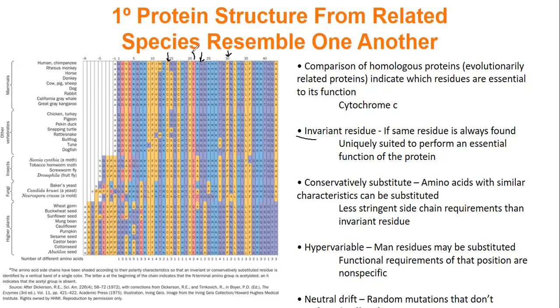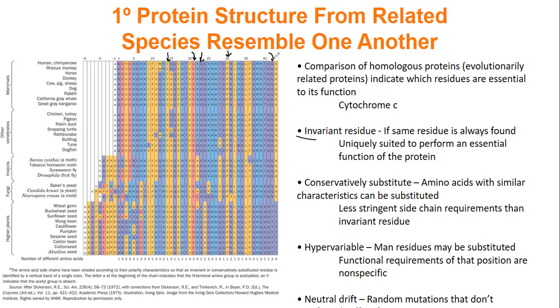At position 21, you can see that we either have glutamic acid, E, or aspartic acid, D. So what this tells us is that at this position, all that matters is that we have a negatively charged amino acid. It doesn't matter if it's D or E. All that matters is that it's negative.